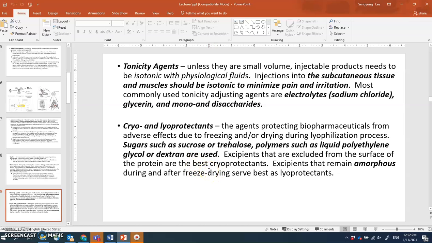Excipients that are excluded from the surface of the protein are the best cryoprotectants. Excipients that remain amorphous during and after freeze drying are best as lyoprotectants. We'll talk about amorphous when we talk about freeze drying; it's a condition of the freeze-dried state. There is eutectic and amorphous, and we'll talk about which is better.